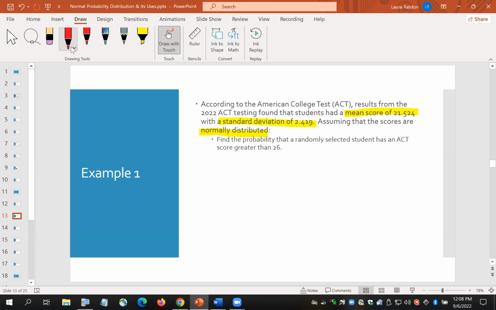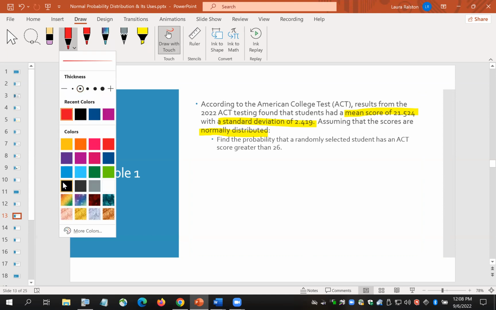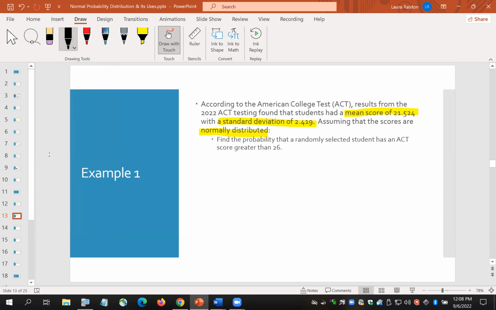Just as a side note, if you were to see this written in symbols, this would say that the variable X approximates a normal distribution with a mean of 21.524 and a standard deviation of 2.419. So I have all the information I need to work the problem because I know it's normal, I know the mean, and I know the standard deviation.